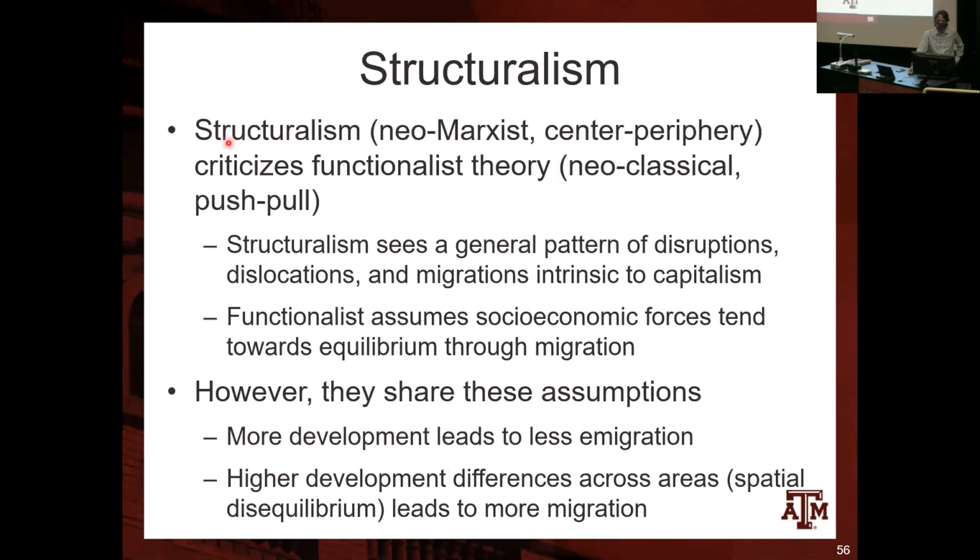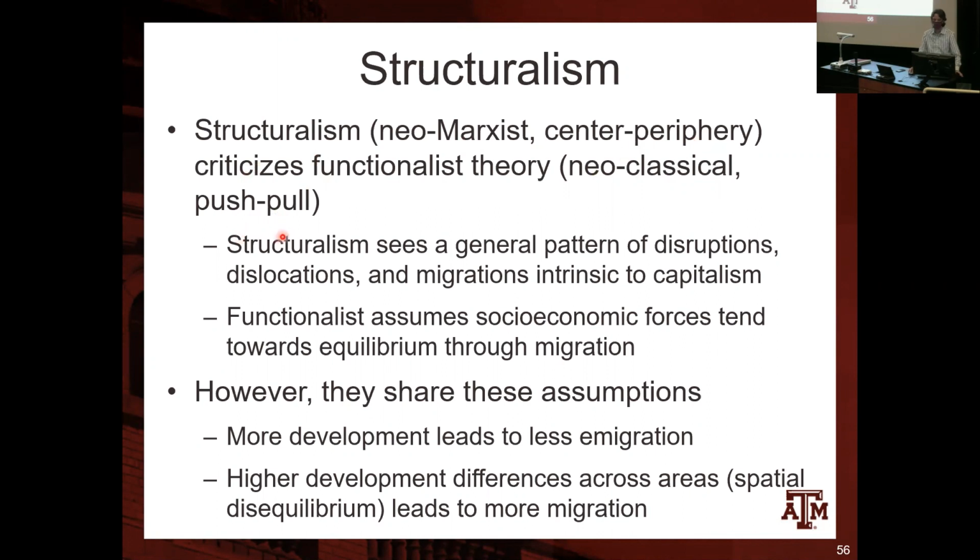And the structuralist theory is pretty much based on Karl Marx, so it's known as the neo-Marxist theory, also called center-periphery theory. It criticizes the first one that we saw on internal migration, the neoclassical theory, which emphasizes push and pull factors.